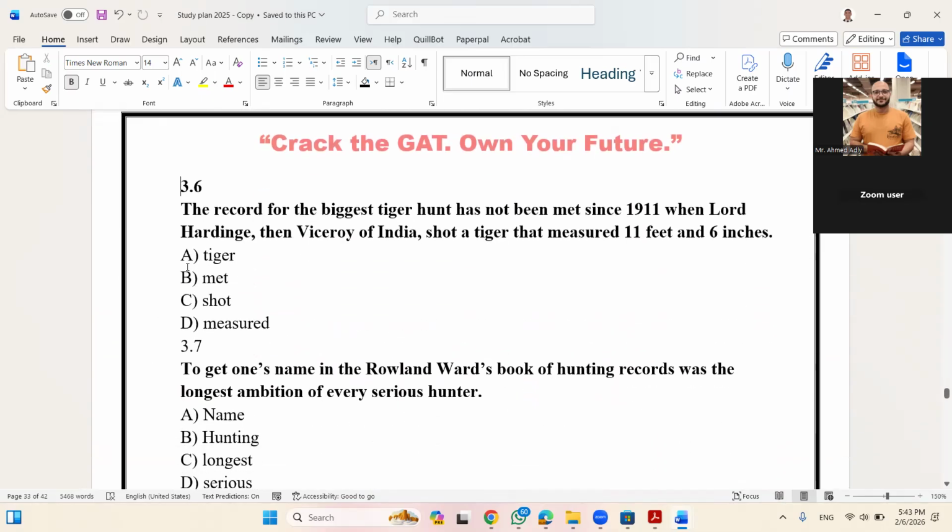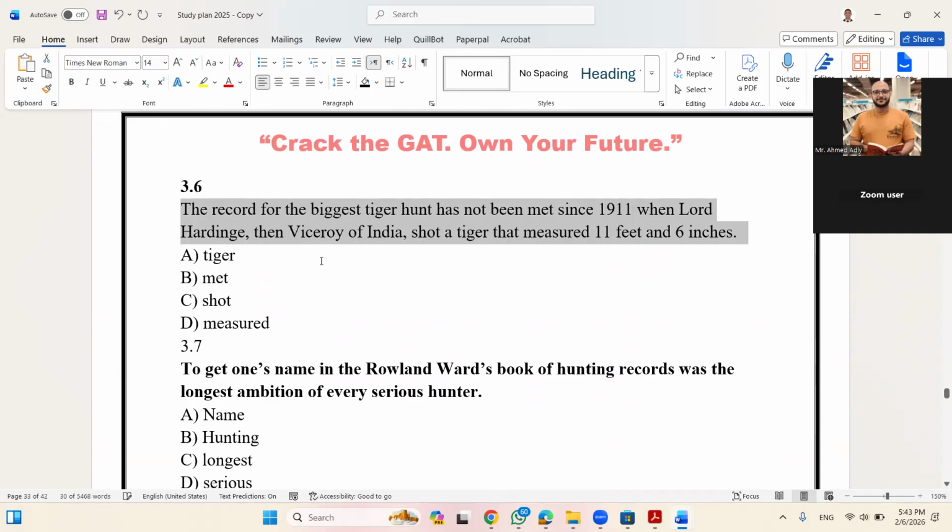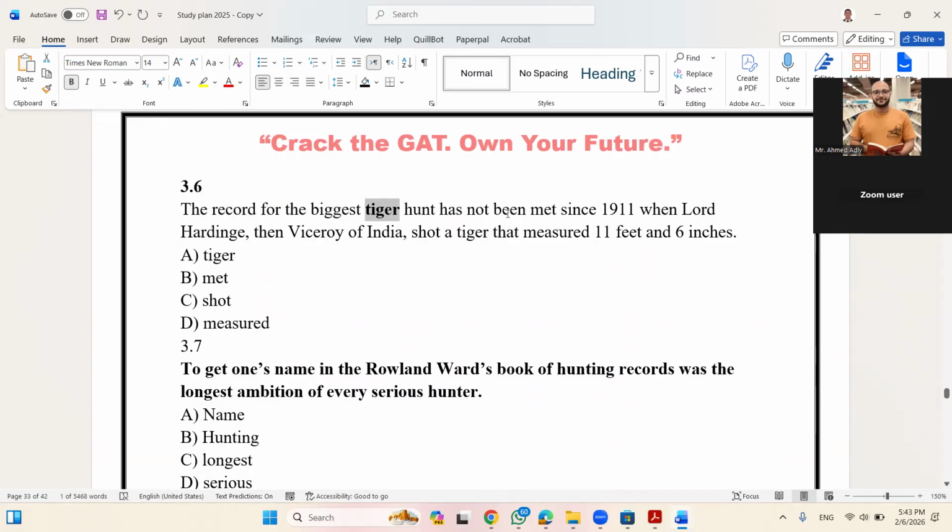Next, question number 6. The record for the biggest tiger hunt has not been met since 1911, when Lord Hardinge, then Viceroy of India, shot a tiger that measured 11 feet and 6 inches.